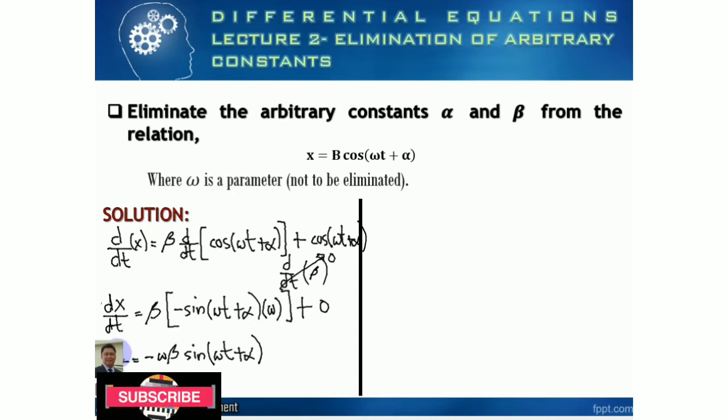Since the given is x as a function of beta cosine of omega t plus alpha, x prime is equal to negative omega beta sine of omega t plus alpha. As I said, we consider the given as our equation 1, and this would be our equation 2.